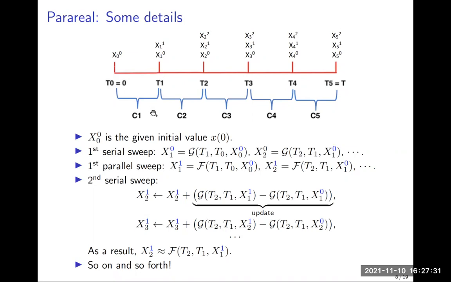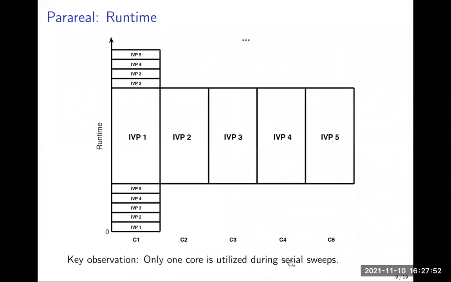It depends on the number of cores. If I have 40 cores, then I divide this into 40 slices, and each slice may or may not contain multiple taus. I hope that answers your question. Sorry, I just saw it. All right, so let me continue.